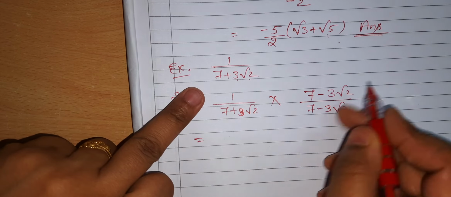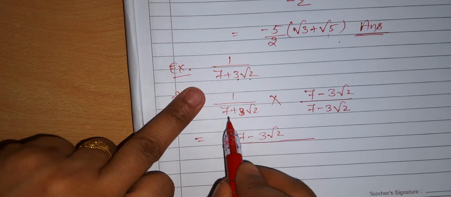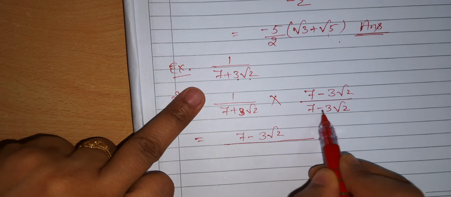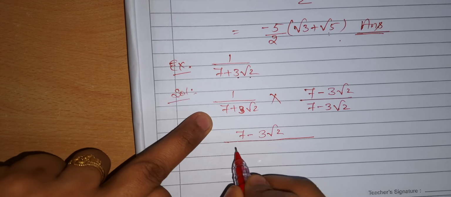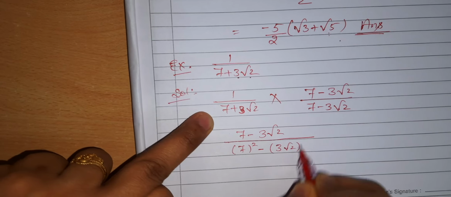Now numerator multiply by numerator, so 7 minus 3 root 2, and in the denominator a plus b, a minus b, which equals a square minus b square, that is 7 square minus 3 root 2 square.